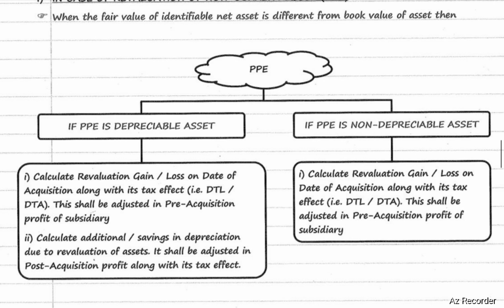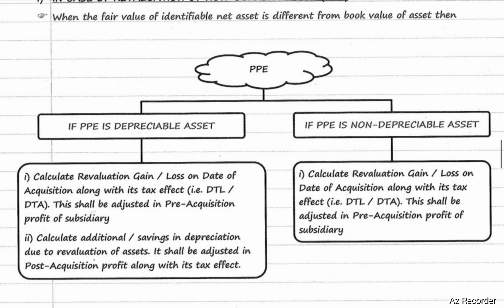Calculate additional or savings in depreciation due to revaluation of assets. It shall be adjusted in post-acquisition profit along with its tax effect. If PPE is non-depreciable asset, calculate revaluation gain or revaluation loss on date of acquisition along with its tax effect, that is DTA or DTL.